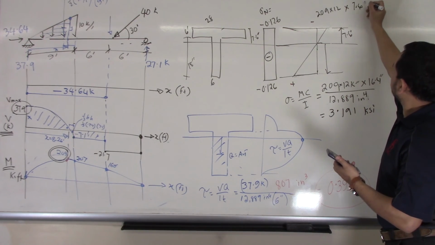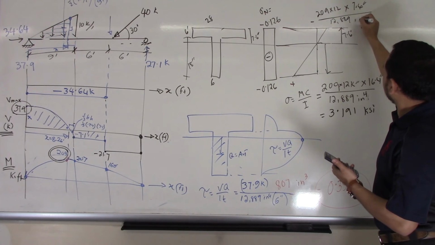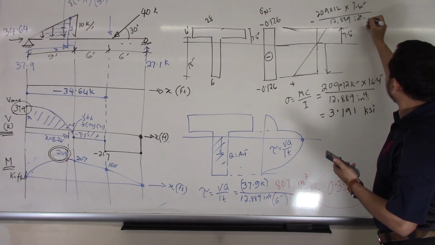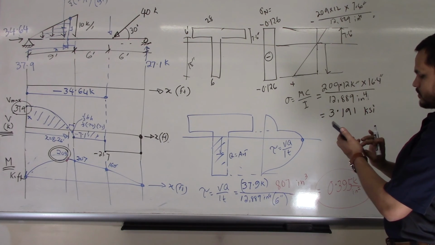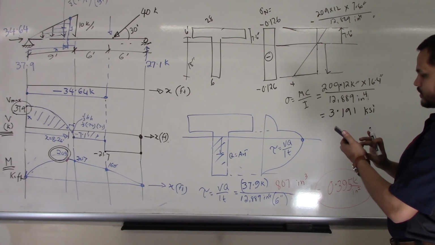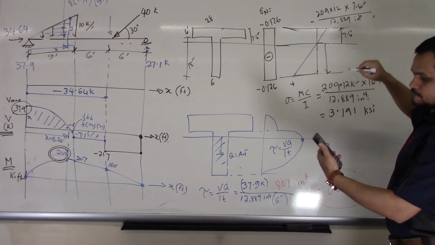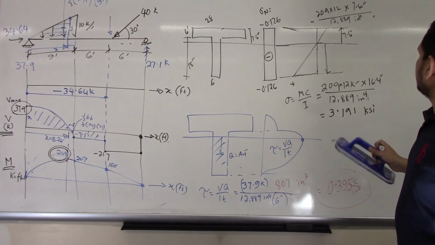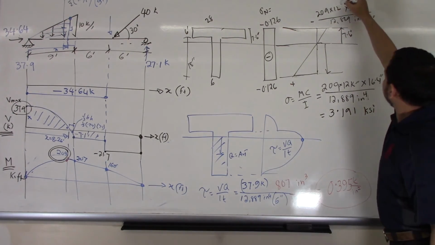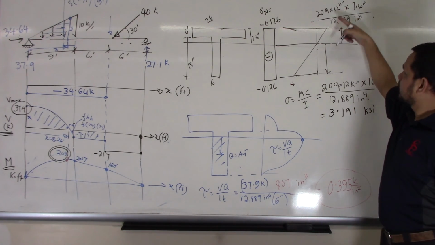So 7.6 inches divided by 12,899, inch to the power 4. 209 times 12 times 7.6 divided by 12,899. I got 1.479 ksi.